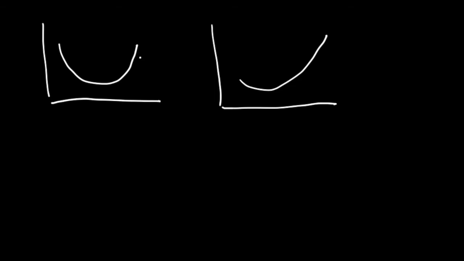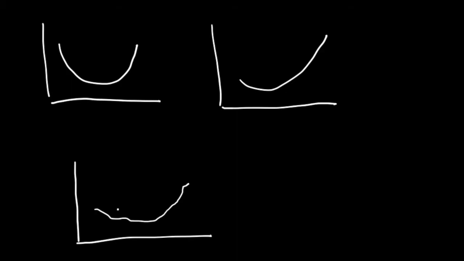Now, when you think of quasi-convexity, think of a looser form of convexity. It's not as strict. It's not as perfect. So it would look something like maybe this. It's not as nice.